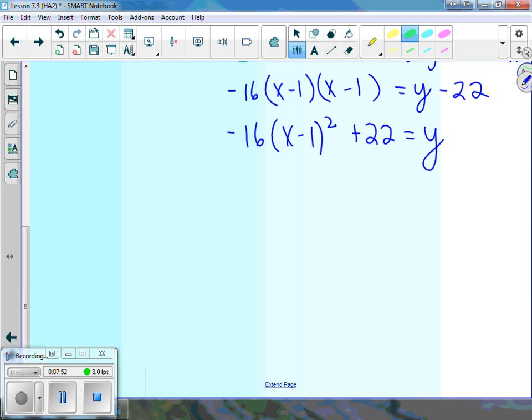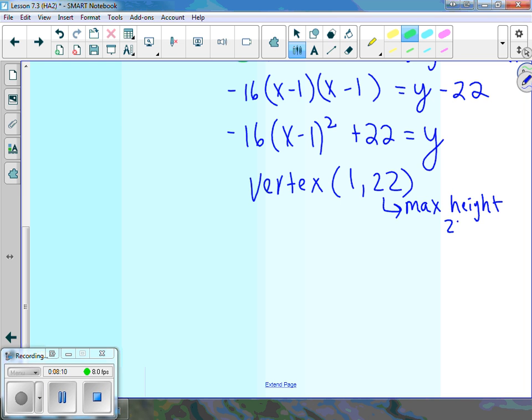Our vertex in this case is going to be 1, 22, and the vertex is a very important value in this problem for a projectile because the 22 represents the max height of the ball, 22 feet, and that happens at 1 second once the ball is released from the quarterback's hands.